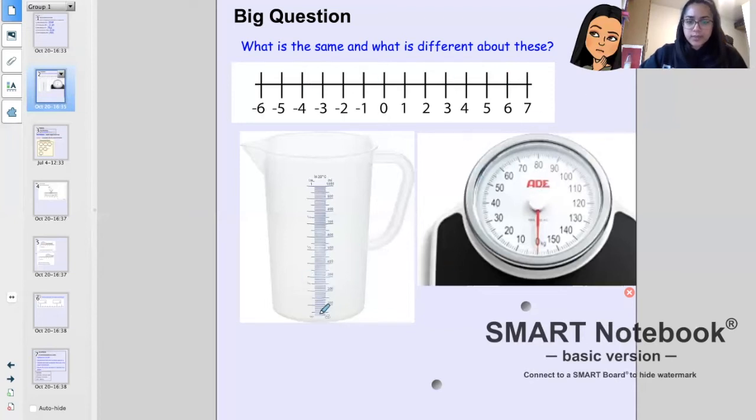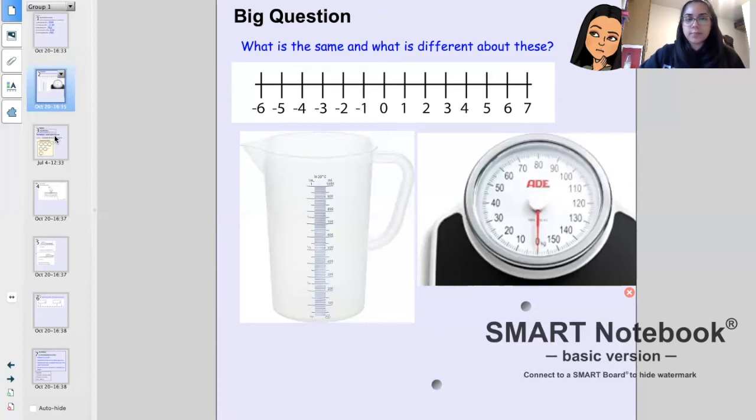But hopefully you recognized that they all have these lines that increase each time you move up or across or around. Okay, so from left to right or bottom to top. And you can see they all have increments here. Okay, these lines. Well done if you spotted that.